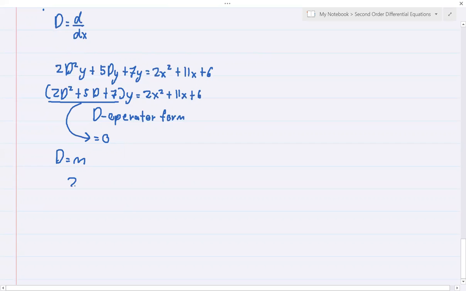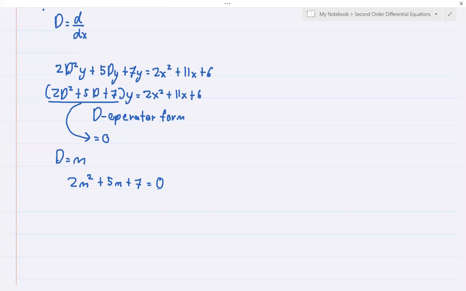So we will have 2m squared plus 5m plus 7 is equal to 0. So now let's find your m values. You can use the quadratic formula or the method of factoring. For me, I'm just going to factor this out.